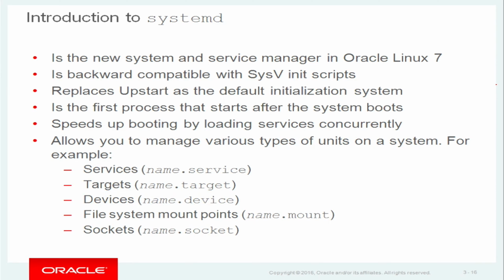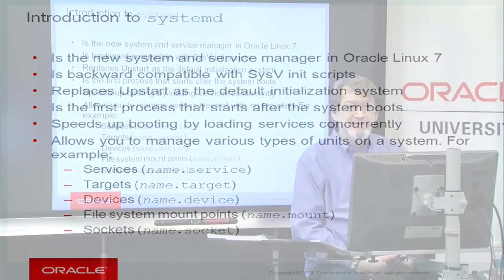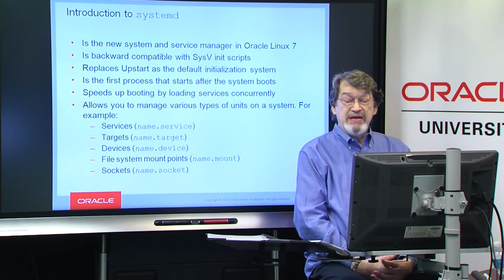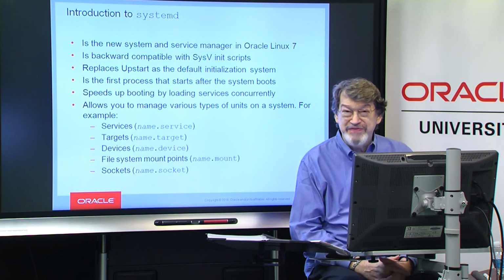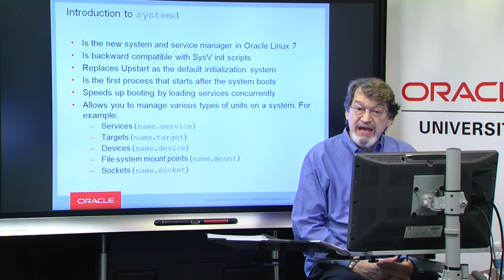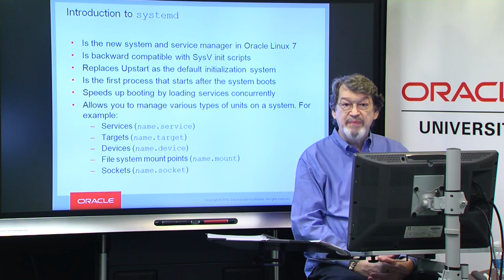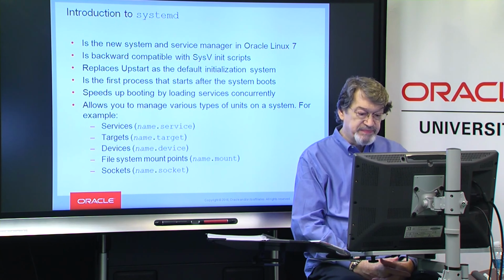And some of you have got 64 cores or 128 cores. And so you've got 128 to 256 parallel threads that you can use to speed up the boot process.